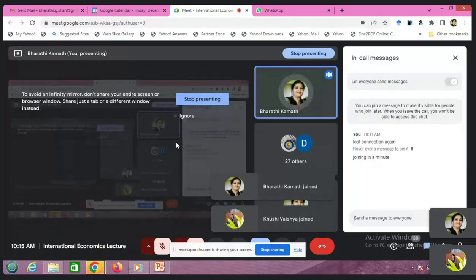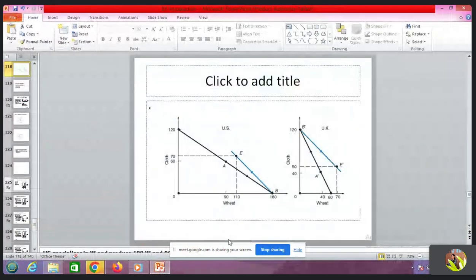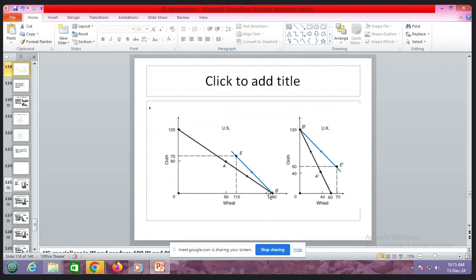So what we are saying is the maximum amount is produced here, and the exchange that is taking place is 70 wheat to 70 cloth. So what is the amount of wheat US is producing?